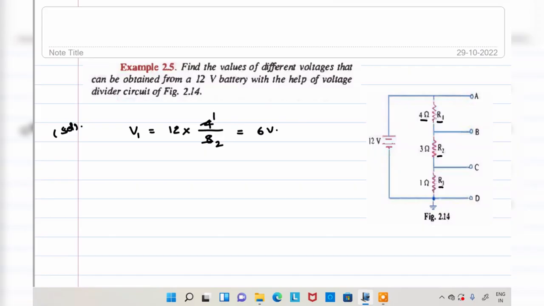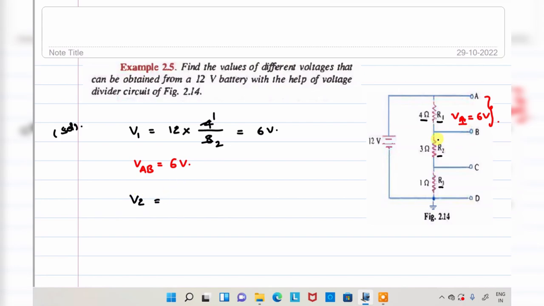So the voltage across the resistance is equal to 6 volt. What about the terminal voltage? VAB is equal to 6 volt. You got VAB is also 6 volt. No problem. Next, coming to the second, V2.